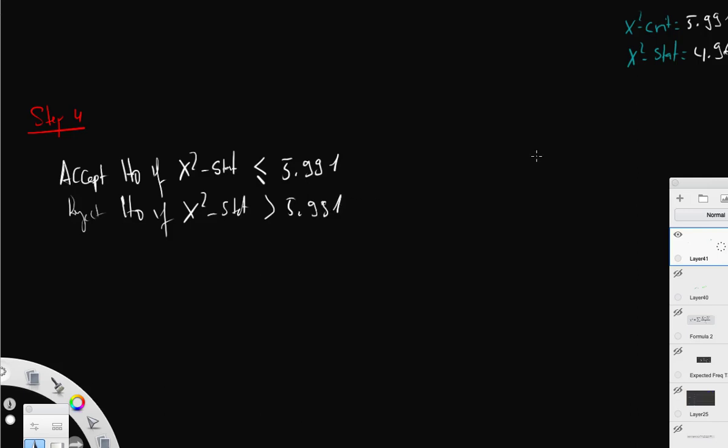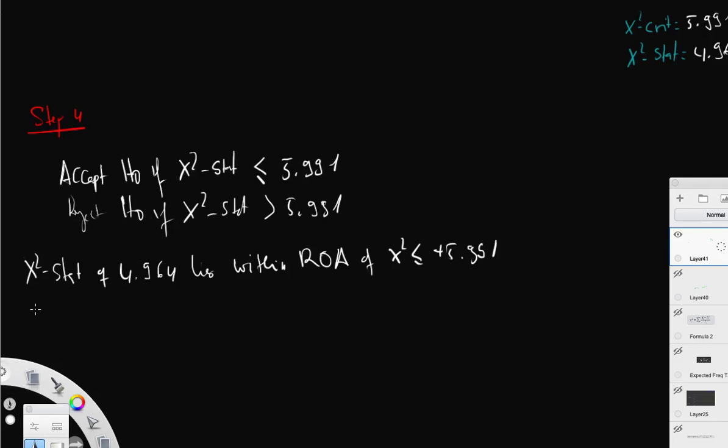And as we can see, the sample test statistic, our chi-square stat of 4.964, lies within the ROA, region of acceptance, of what we said here earlier.